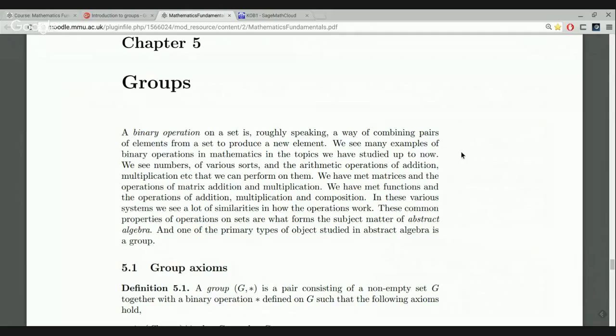There's a whole third-year unit on group theory, which I teach, and that investigates the subject in great depth and works through a lot of the theory and looks at lots of applications of it. For us now, at the end of this first-year unit, we're just doing this as an initial introduction to some of the concepts in group theory.